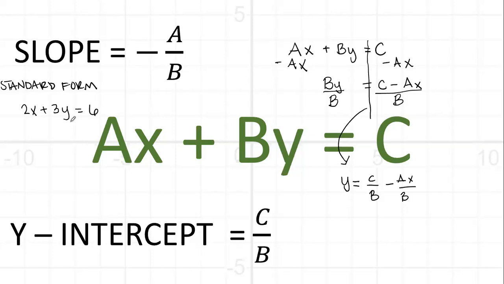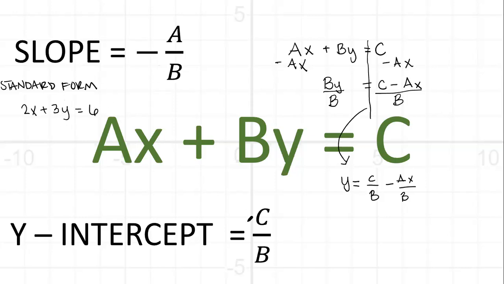So 2x plus 3y equals 6. In the future, like today, questions are going to ask you, what is the slope and what is the y-intercept of this equation? If you understand these shortcuts, you can easily go, okay, the y-intercept is c over b. So 6 divided by 3, that's my c, that's my b, would equal 2. And slope is negative a over b, so that'd be negative 2 over 3.